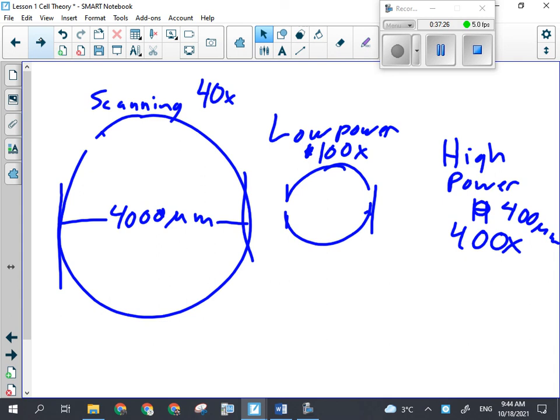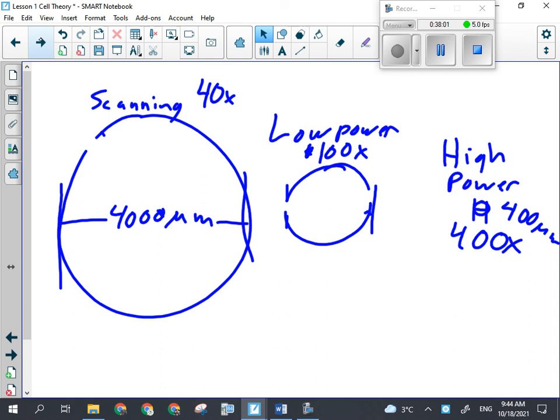Because when we do a lab diagram, we have to tell people the size of the objects that we're viewing.